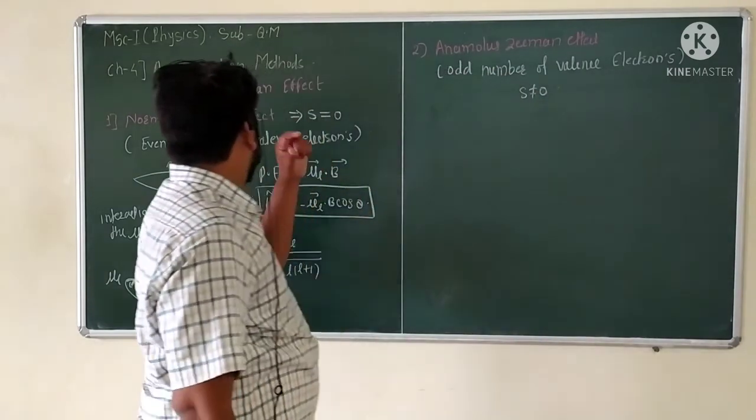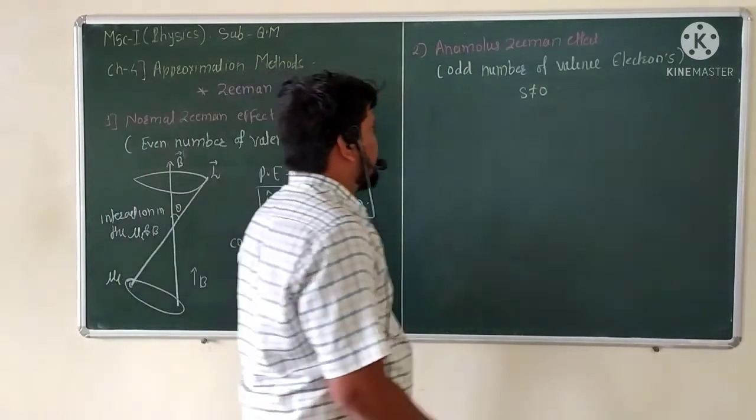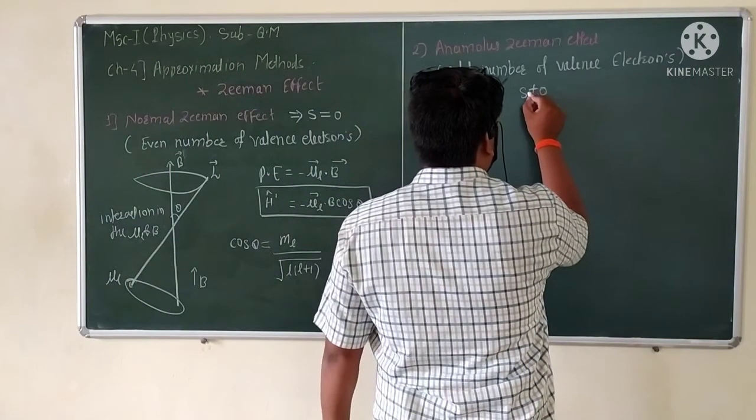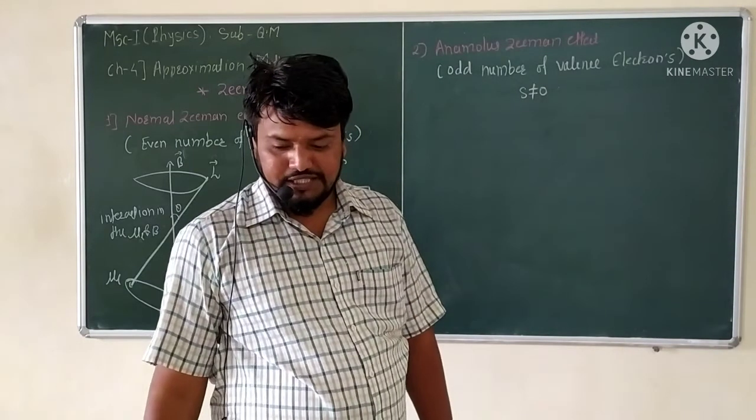In the normal Zeeman effect the spin is equal to 0, and in the anomalous Zeeman effect the spin is not equal to 0.